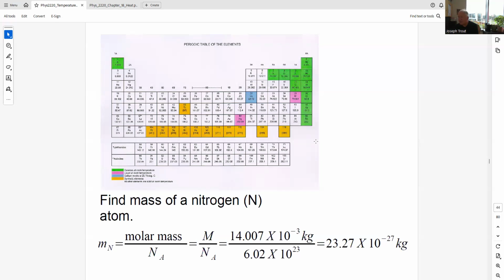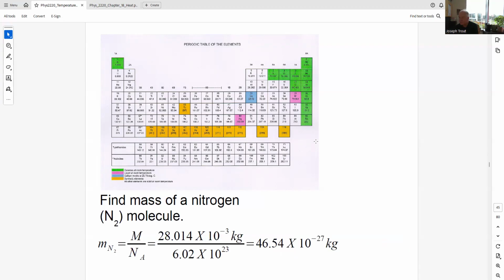So these masses that you see are listed as molar masses. By the way, if we have diatomic nitrogen like exists in the atmosphere, then we multiply the molar mass by 2. We get 28 times 10 to the minus 3 kilograms divided by Avogadro's number, and we end up with the mass of the molecule.